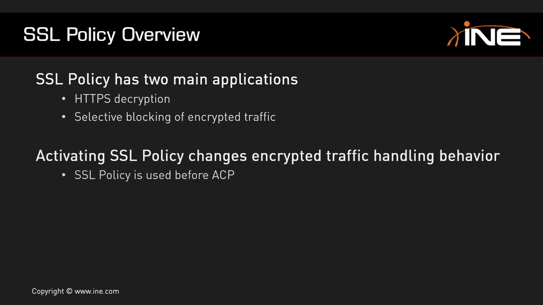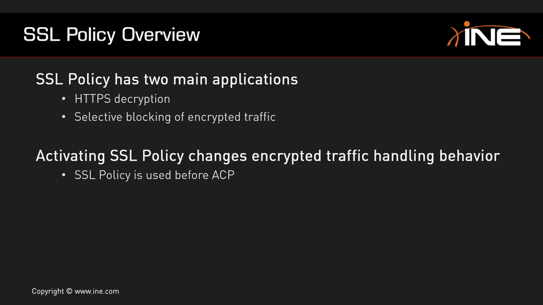Notice that when you enable the SSL policy, it is going to change the handling of the encrypted communication inside of the ACP, because we know that we can use regular access control policy rules to, let's say, choose HTTPS, or maybe go for layer 4 information like block packets going over port 443.